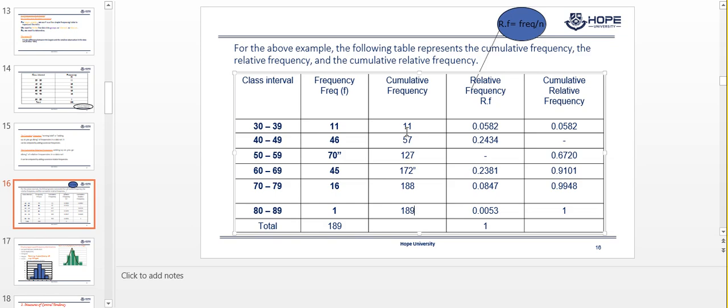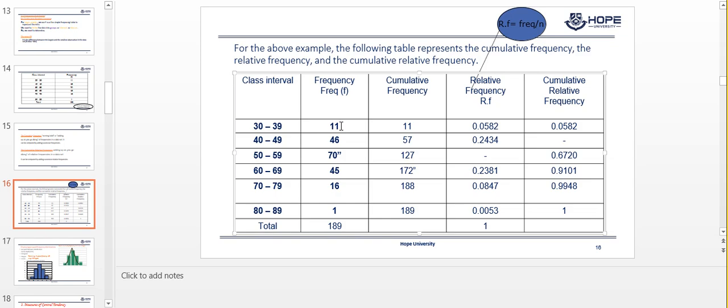This is the relative frequency. It is made by making a proportion or percentage, using the formula of proportions: dividing each individual number by the total number.